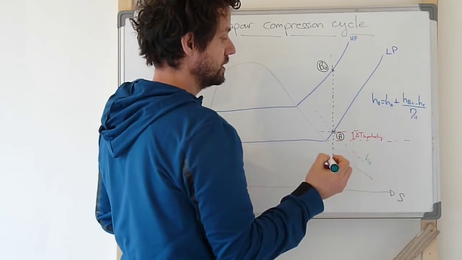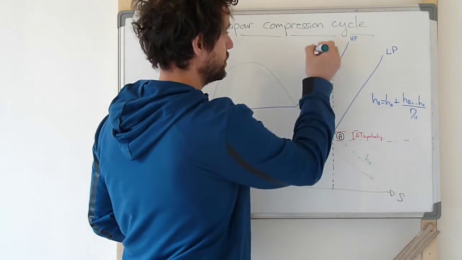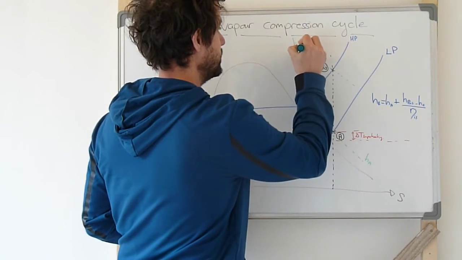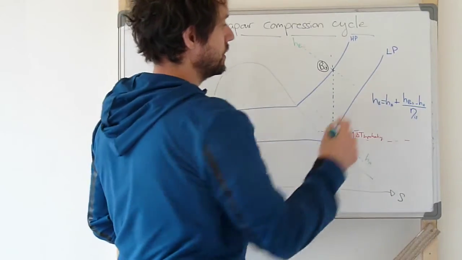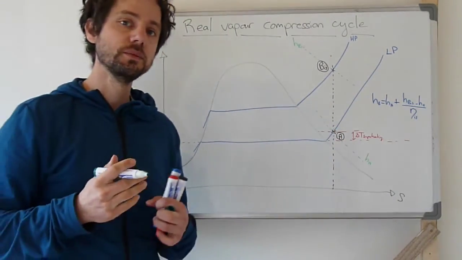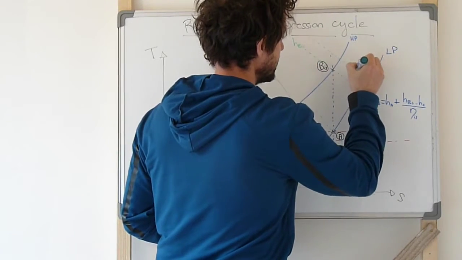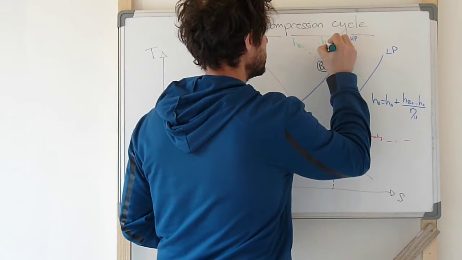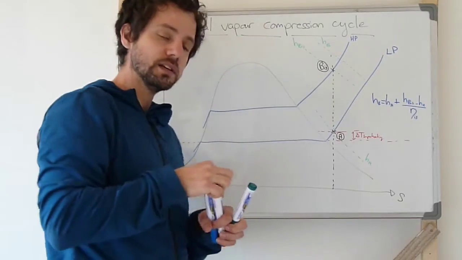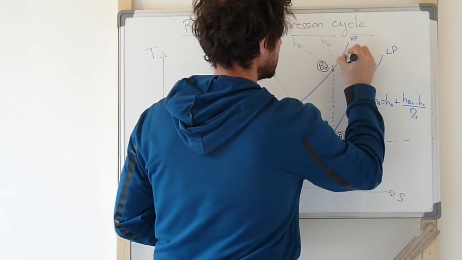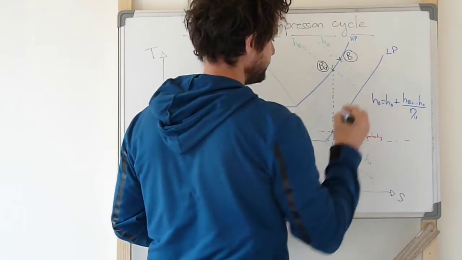So that would be the specific enthalpy of point A, the specific enthalpy of point B_is, and then once the specific enthalpy of point B is calculated, we can look for this iso-line h_B, and the crossing with the high pressure isobaric line corresponds to point B.